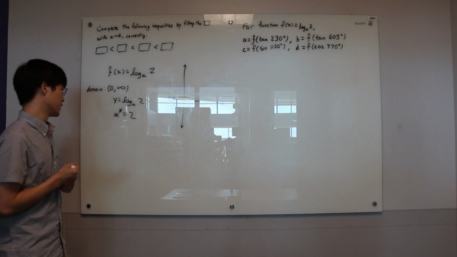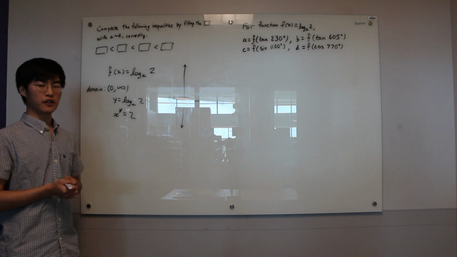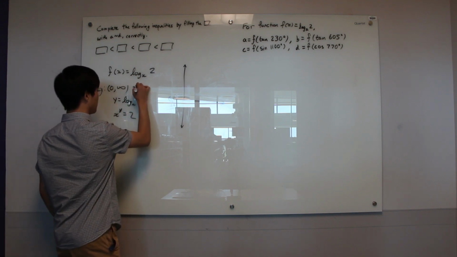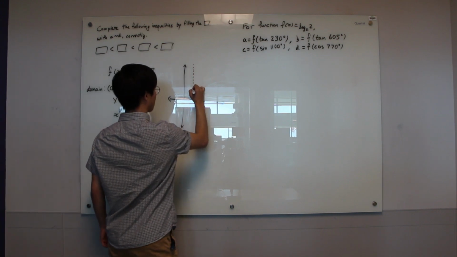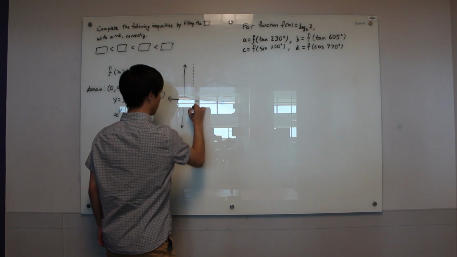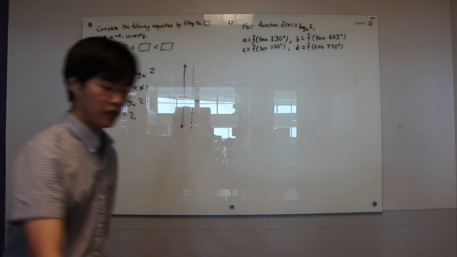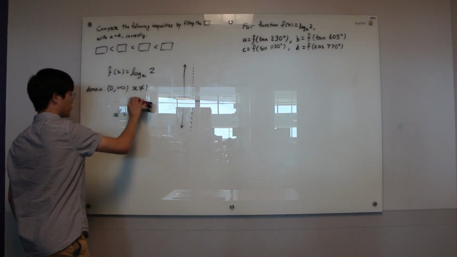The reason for this is if I put 1 to the power of anything, I can choose any power, I'll still get the value of 1. So that means at x equals 1, we actually don't have a value. Or in other words, we have an asymptote at x equals 1.